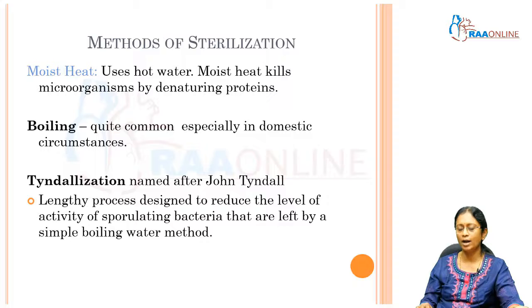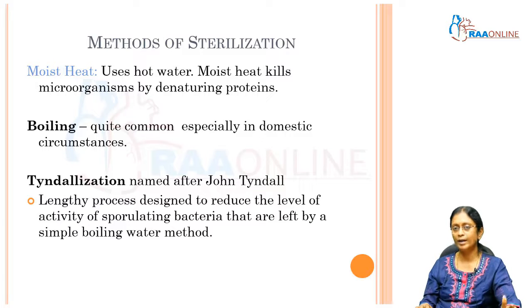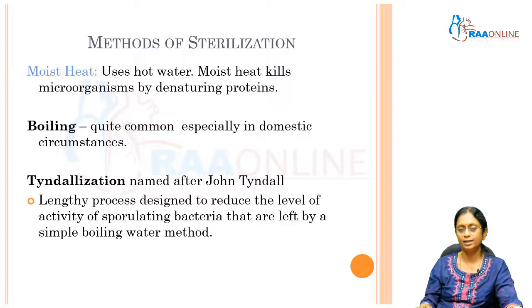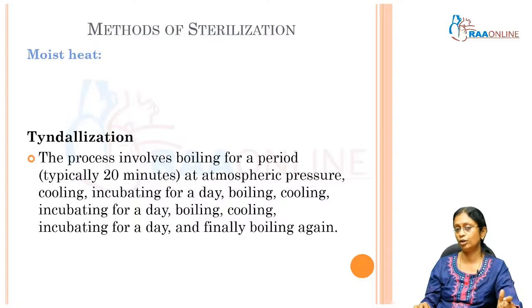Moist heat is what is normally used for killing your spores and for the maximum amount of sterilization. It acts by coagulating and denaturing the proteins, okay? Boiling is quite common, which was used earlier, but now we have autoclaves. Tyndallization is named after John Tyndall, a lengthy process wherein the sporulating bacteria left by simple boiling are completely destroyed.